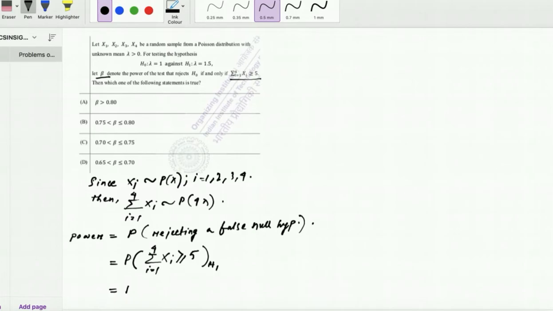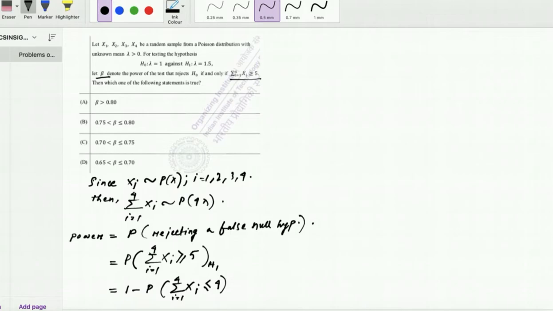What we can write? 1 minus the probability of summation Xi, i from 1 to 4, less than or equal to 4. Fine.